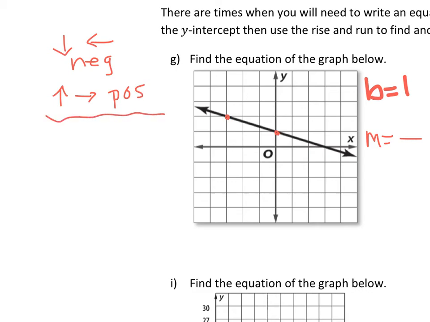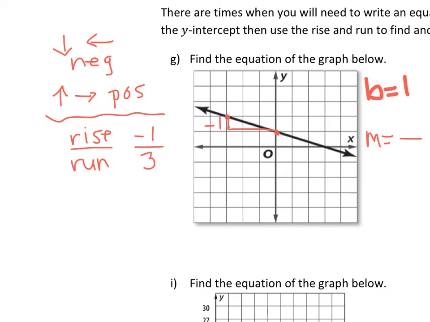So I like to go from left to right, personally. So I'm going down 1 unit. So our rise is negative 1. And our run, I'm going right 3 units. So our run is 3.